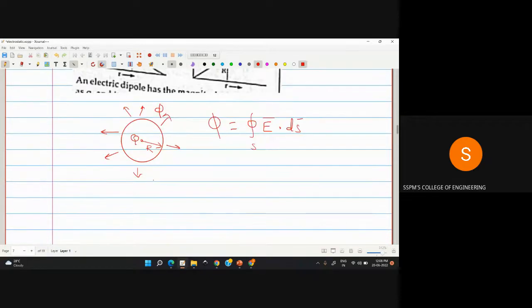In the simple way, we can find the flux crossing the surface of the sphere is equal to E into S, where E is the electric field and S is the surface area of the sphere. For the sphere, the surface area is 4 pi r square.